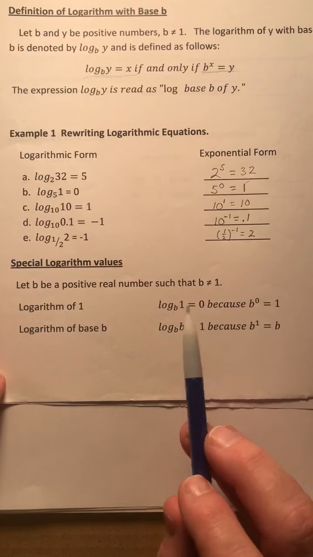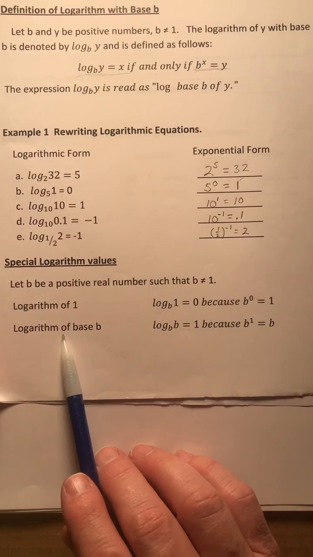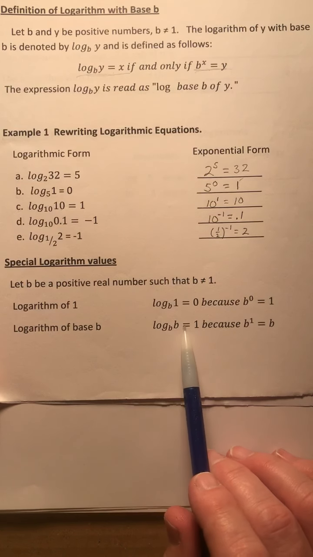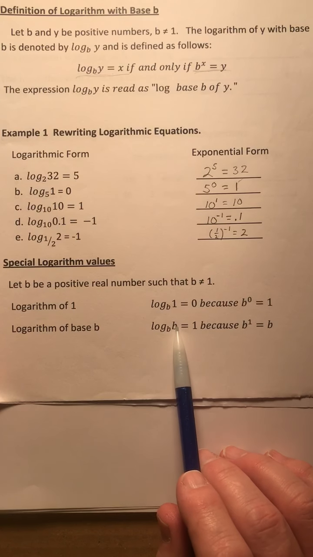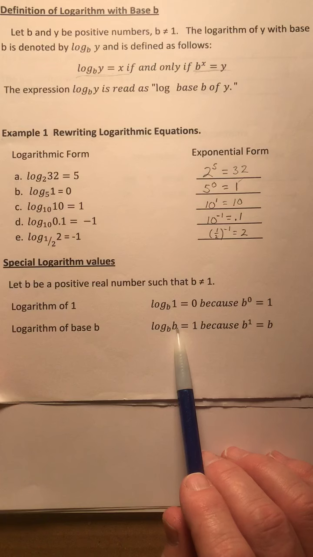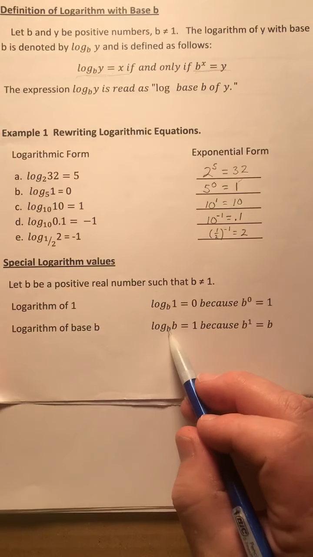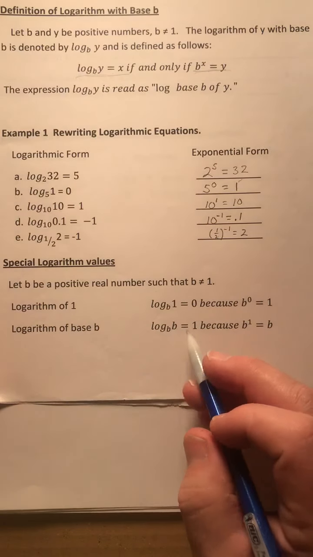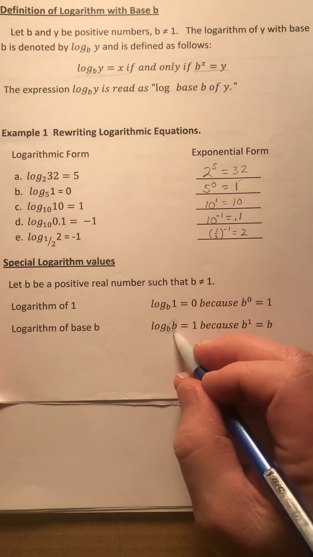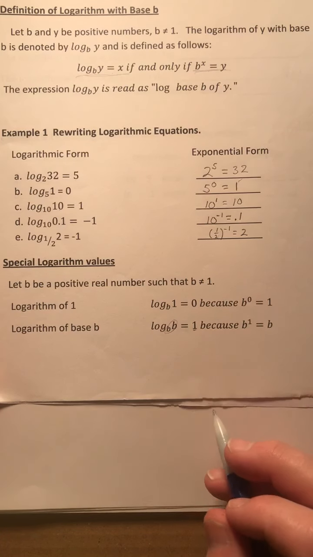And then log base b of b. Anytime the base and the number you're taking the log of are exactly the same, your answer is always going to be 1.